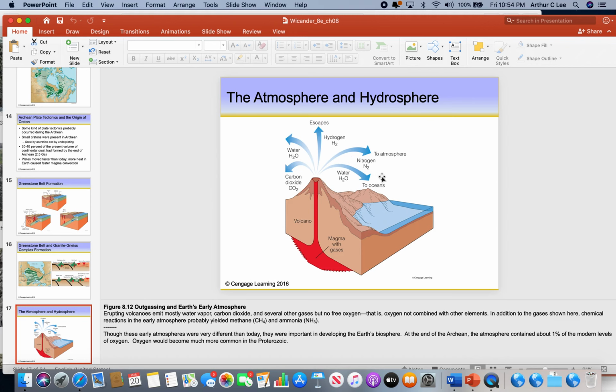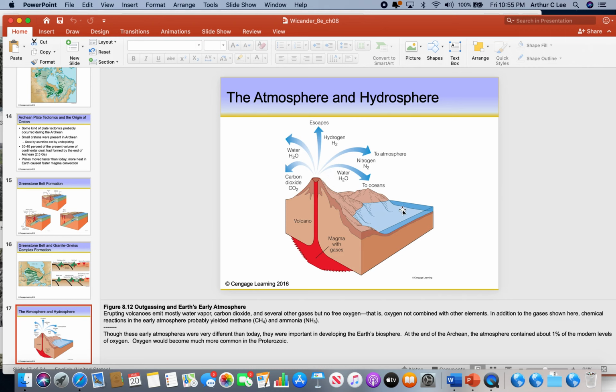Our atmosphere is 78% nitrogen. The nitrogen came from volcanic outgassing. CO2 and water came out, and that's what forms clouds, and it would end up making oceans. So we started to have oceans during the Archean.